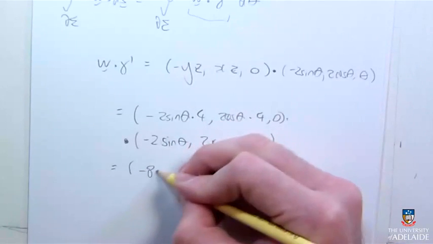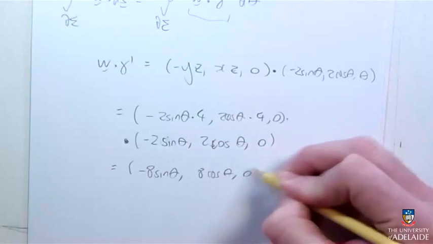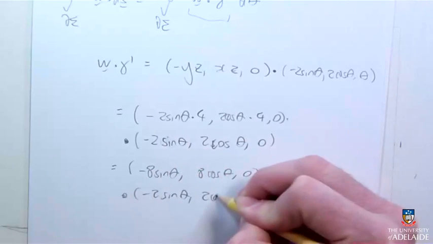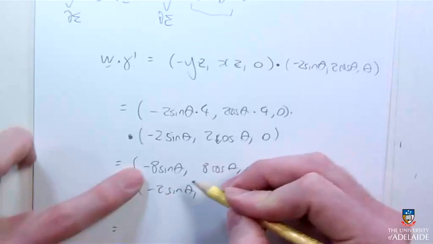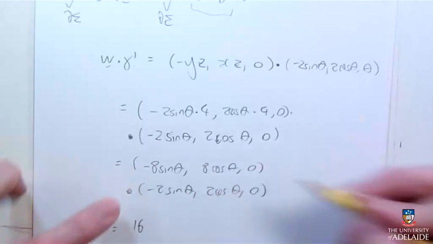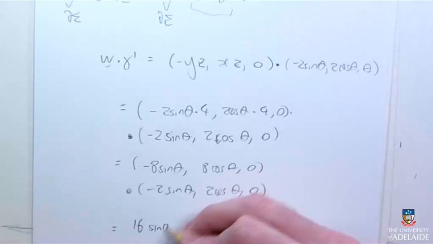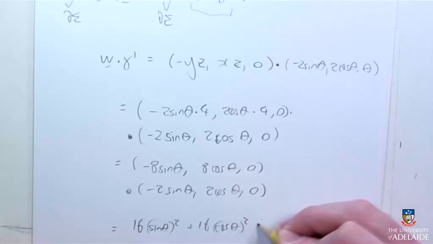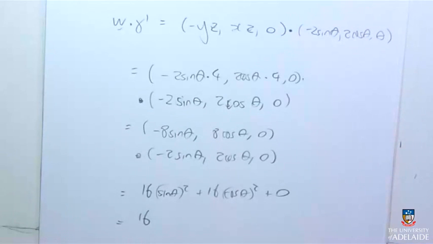Minus 8 sine theta, 8 cos theta, 0 dot with minus 2 sine theta, cos theta, 0. So we get 16 sine theta squared and 16 cos theta squared and 0, which is 16. This is looking like it's going to turn out nice.